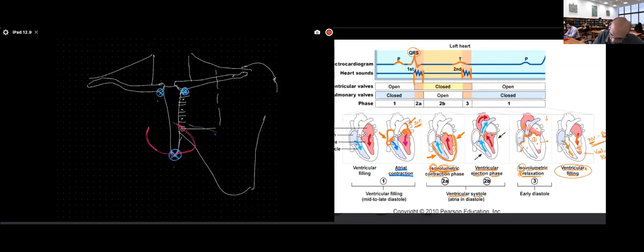So this is moving down like this. This is pointing to the apex that is formed by the left ventricle. And you will see the aorta is traveling, crossing to the other side, like this.